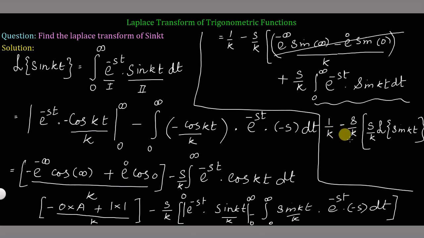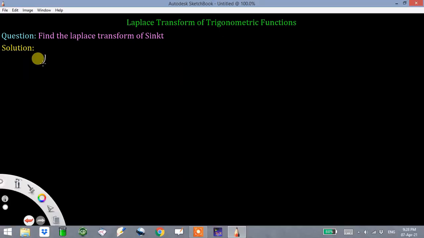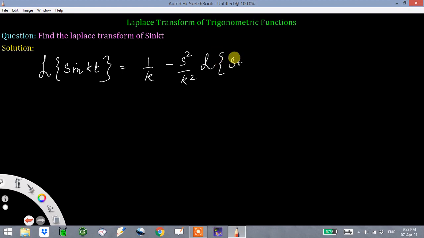And now we will move to the next step. 1 over k minus s square over k square Laplace of sine kt, and so we have Laplace of sine kt equal to 1 over k minus s square over k square Laplace of sine kt.